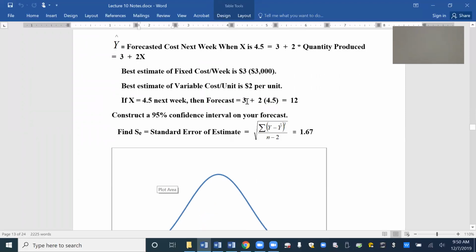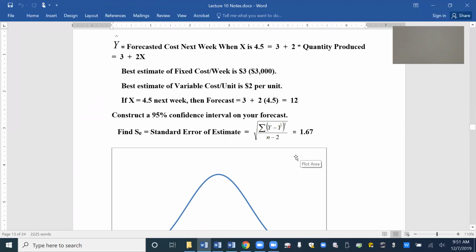You take the 3 plus 2 times the 4.5, and we get 12,000 bucks. I think we need 12,000 bucks to run the business next week. The 3,000 is our best guess as to the fixed cost per week. The $2 is our best guess as to variable cost per unit.